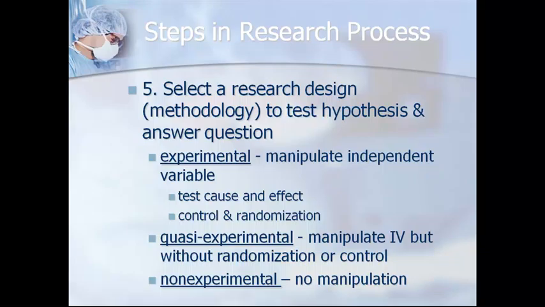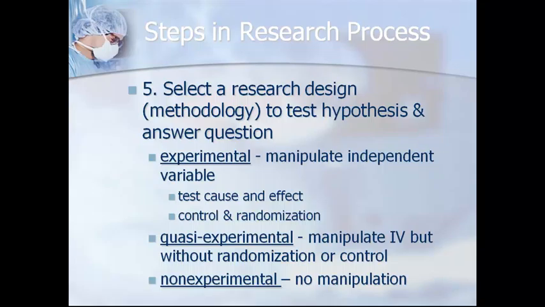Which of them had improved elimination patterns? So you see where we're manipulating the independent variable of prune juice to see what difference this is going to make on the dependent variable, which is elimination patterns.